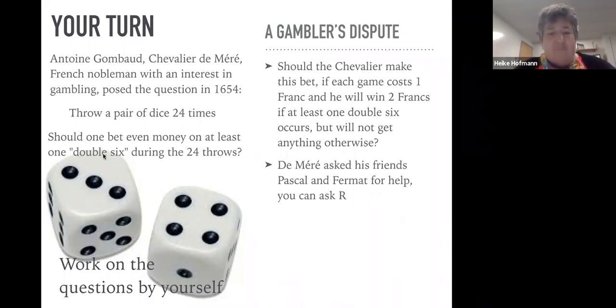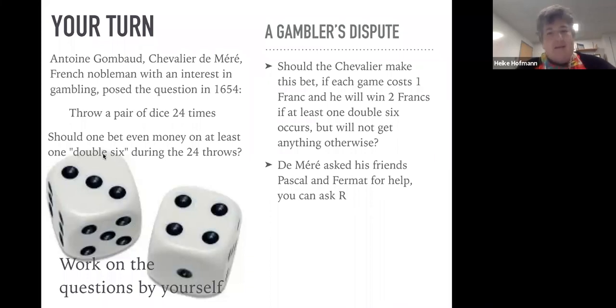De Mere was important in the development of probability theory, but it was more his friends who were inventing or defining the concepts, rather than de Mere in asking his questions.